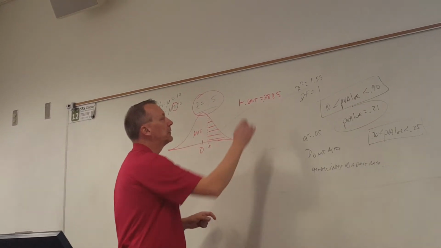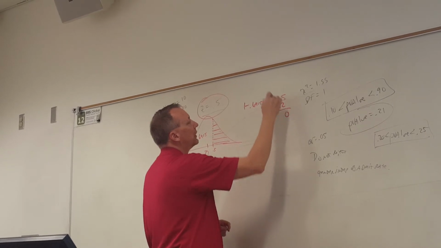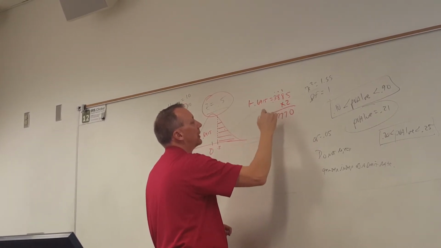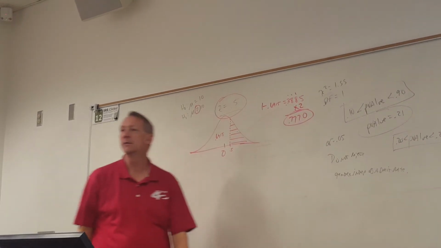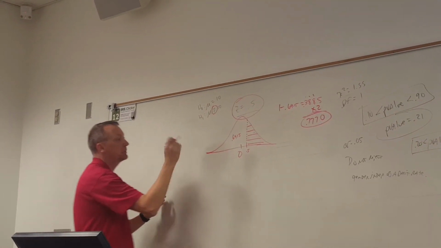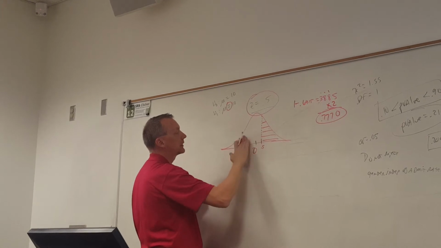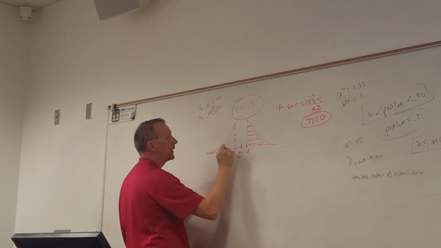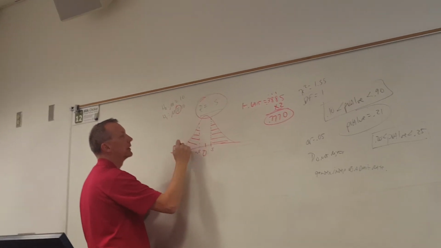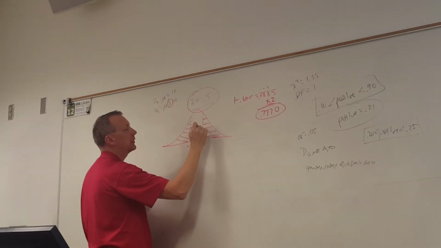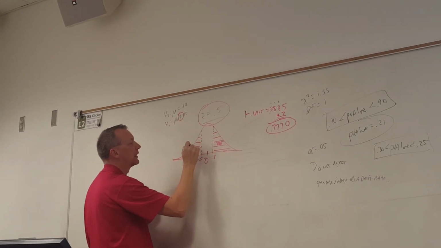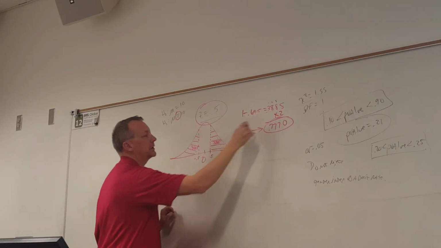No, I have to multiply that times 2. 0.6170. So basically what that means is, okay, I'm going to erase this. I got to go over here to the negative 0.5 as well, and I want this area as well. So this area here is 0.3085. This area here is 0.3085. I add them up and I get 0.6170.